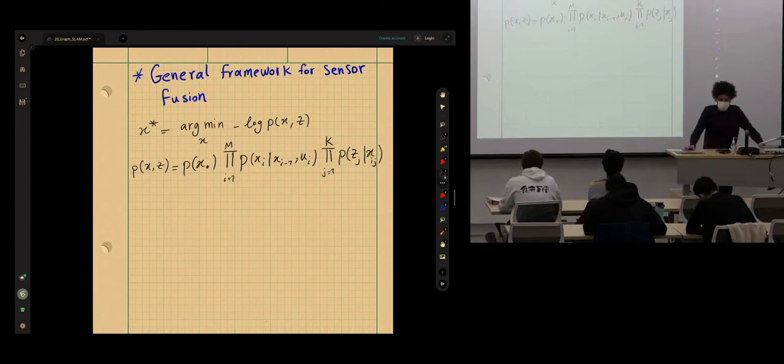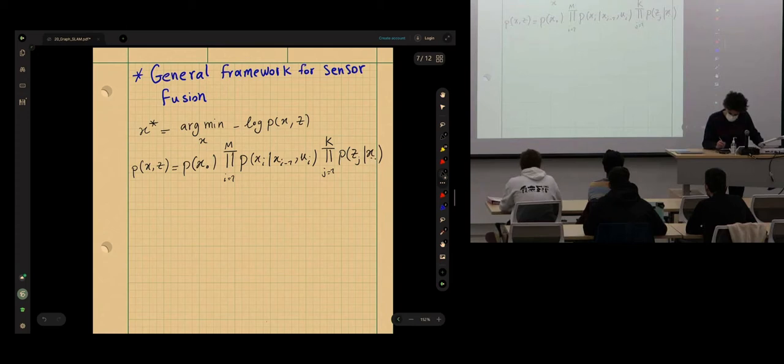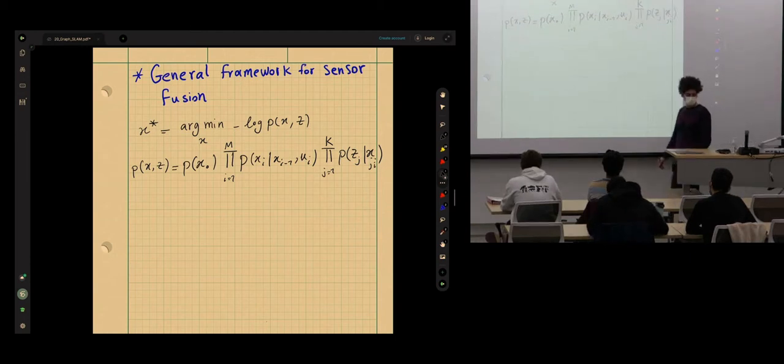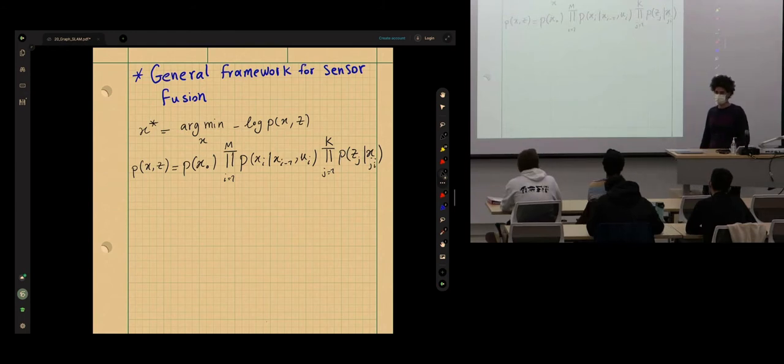So I'm also using x_ji. So why x_ji? Suppose z_j is a landmark with index j.